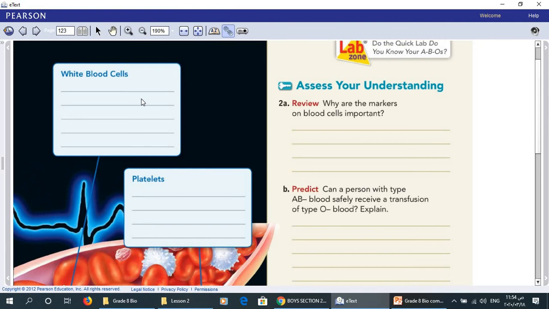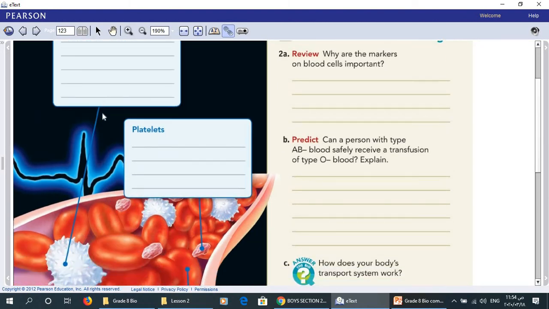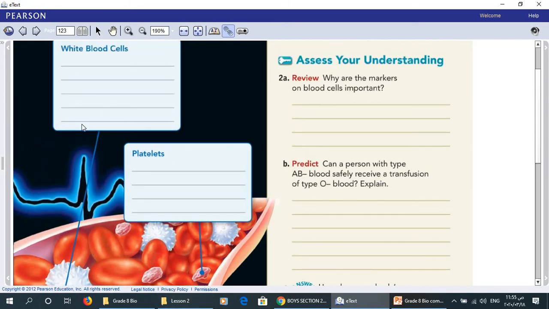Now, white blood cells. These cells alert the body to invaders and fight disease.